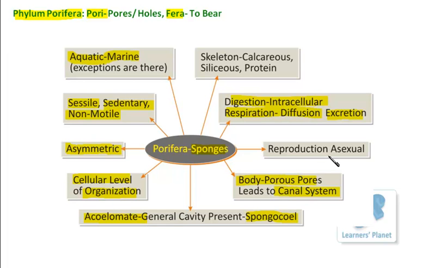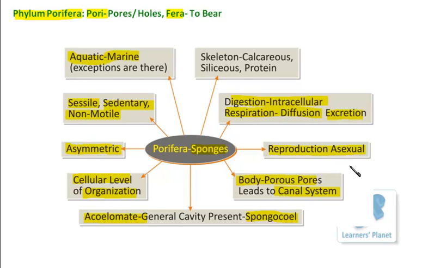Next is reproduction. Generally, these organisms reproduce by the asexual mode of reproduction, and the common modes followed are fragmentation and budding, right?